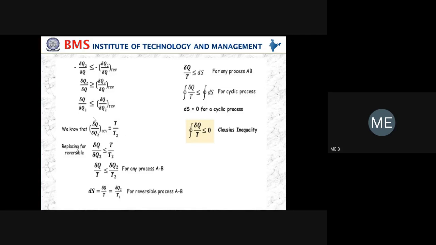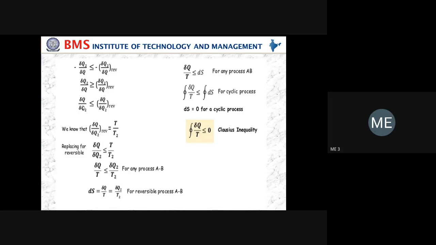So you can write dQ divided by dQ2 is nothing but T divided by T2. Now you have to substitute the value of dQ divided by dQ2, T divided by T2, in the above equation. You are just going to replace. Don't do anything. So only these three lines are most important.